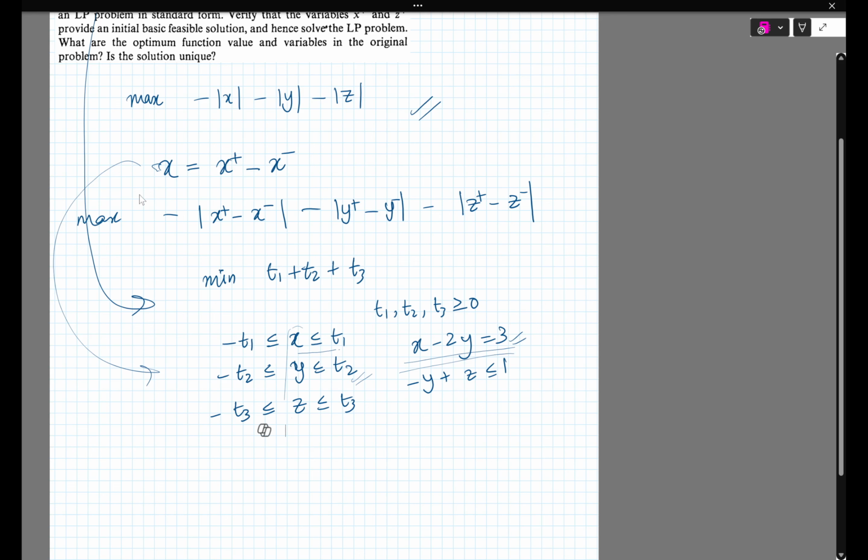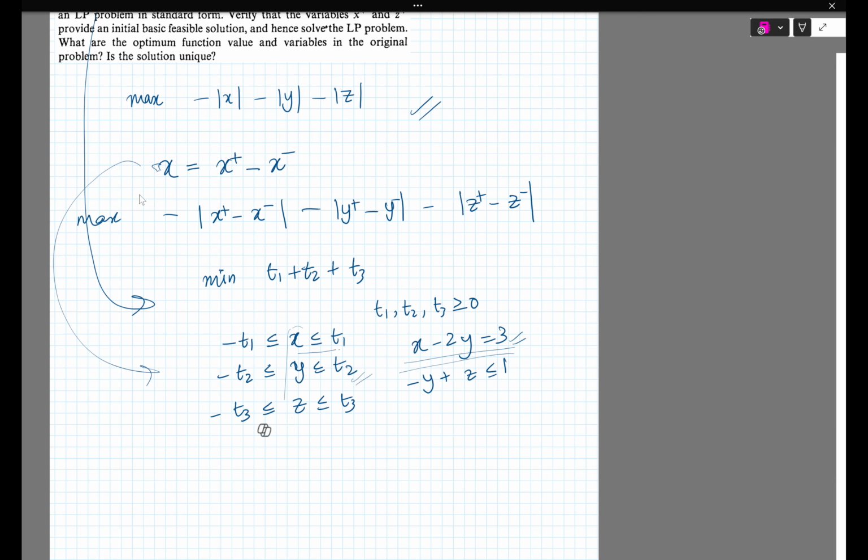That I'm not sure. Okay, just write minus 2t2. You are saying less than; ultimately this will be equal to x, y, z, t1, t2, t3. No, they won't be equal.